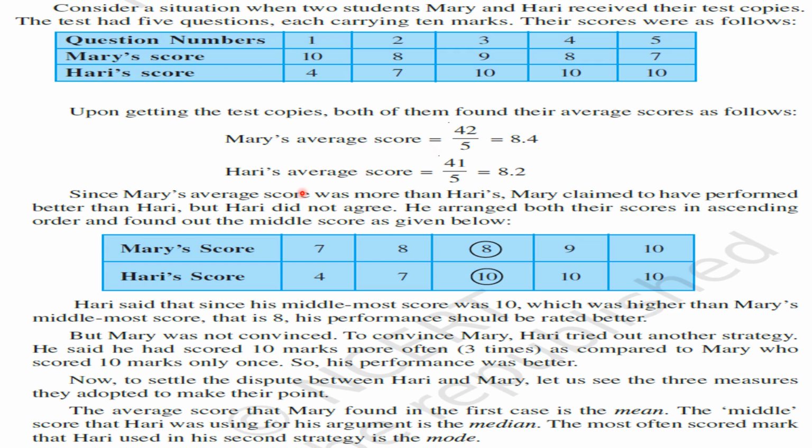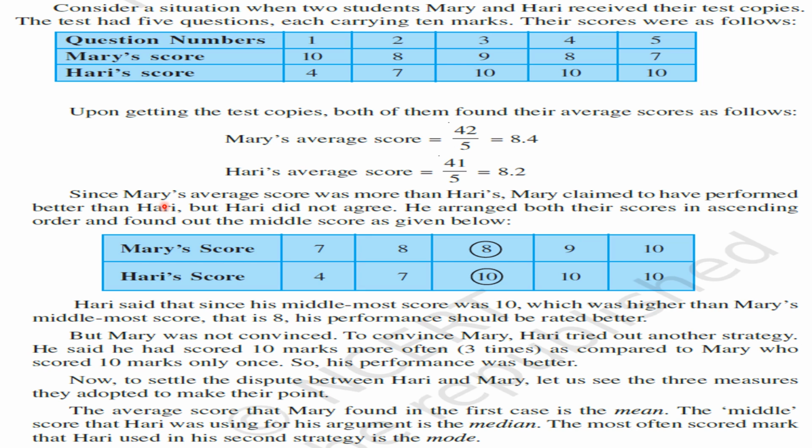Similarly, let us find the average score of Hari. So 4 plus 7 plus 10 plus 10 plus 10, whole divided by 5. That is 41 by 5, which gives 8.2. This is the average score of Hari. By observing these two numbers, the average score of Mary is 8.4 and the average score of Hari is 8.2. Yes or no, my children?